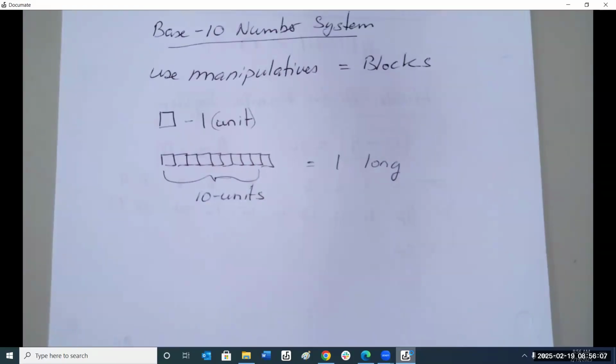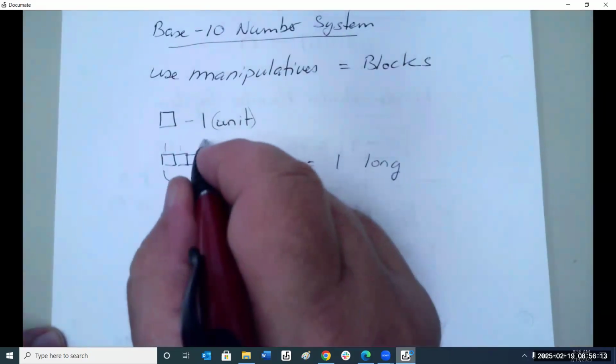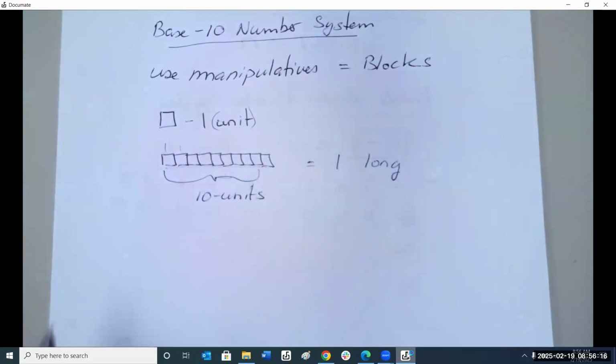Now, look how this is built. We have 10 individual blocks. That makes 1 long one. So that way, you don't need to have 10 small blocks. You just have 1 long one.